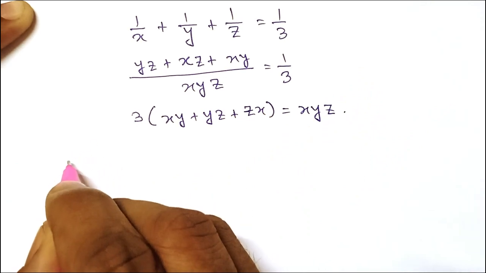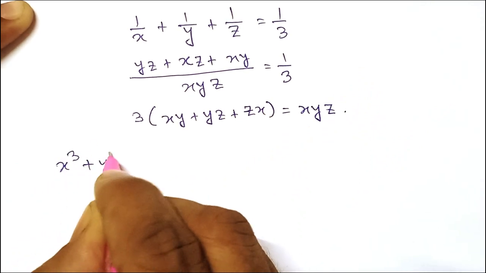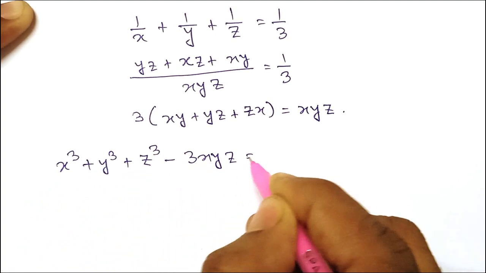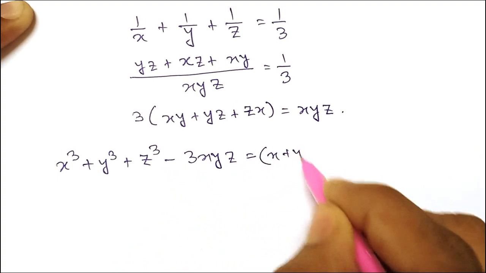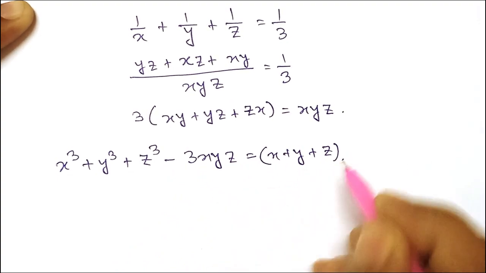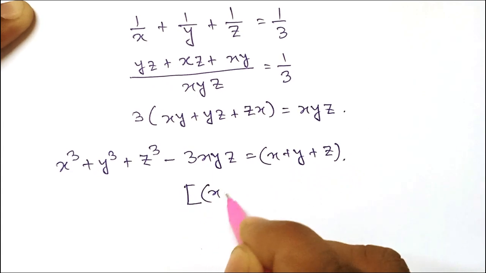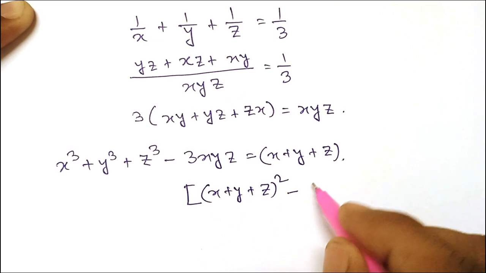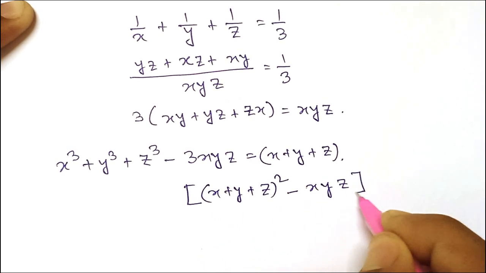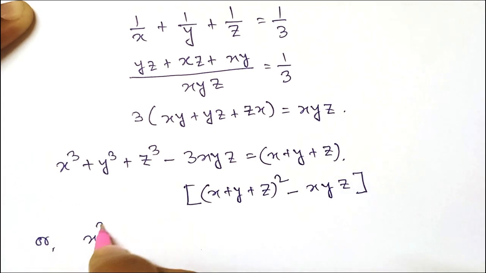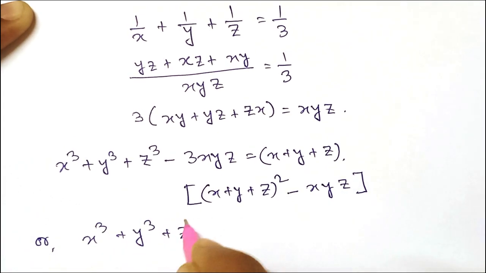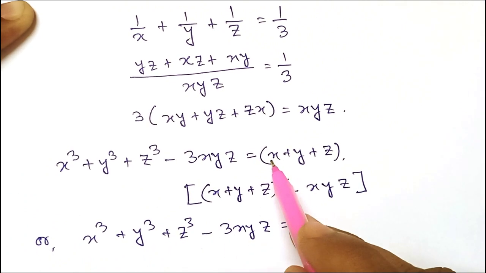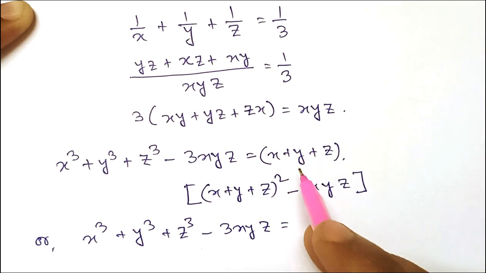So our equation number 1 will become x cube plus y cube plus z cube minus 3xyz is equal to x plus y plus z into, inside the bracket, x plus y plus z whole square minus xyz. Or x cube plus y cube plus z cube minus 3xyz is equal to, this x plus y plus z is already given in the question that its value is 3.